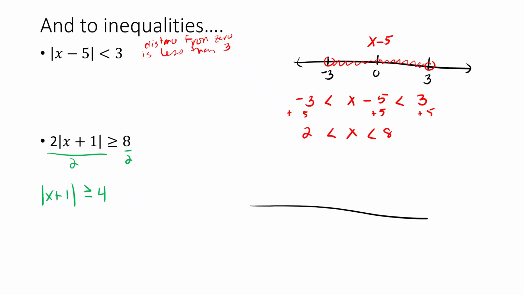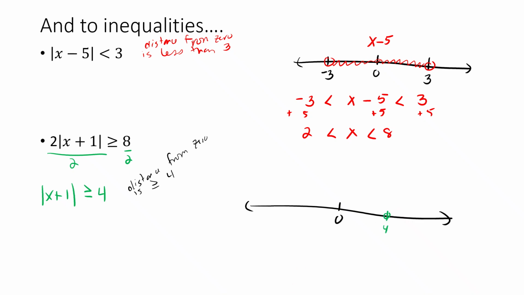And so let's take a look at what that means on the number line. So we've got distance from 0 is greater than or equal to 4. Starting at the 0, if I'm walking to the right, I want to walk a distance greater than or equal to 4.